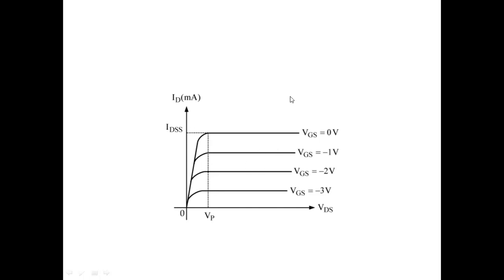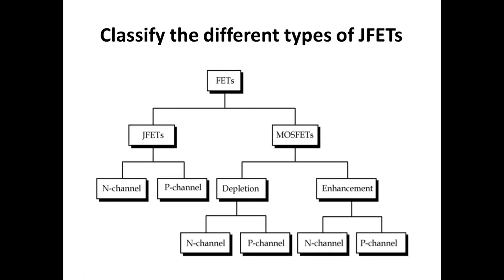Next, we classify the different types of field effect transistor. General field effect transistors are classified into two types: junction field effect transistors and metal oxide semiconductor field effect transistors.